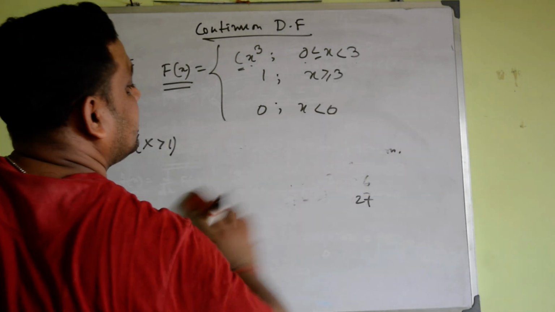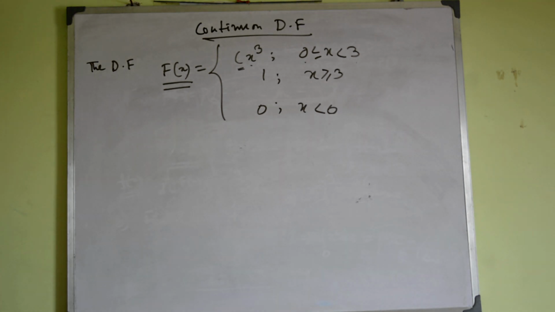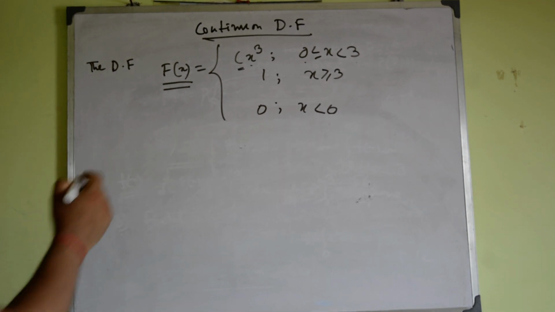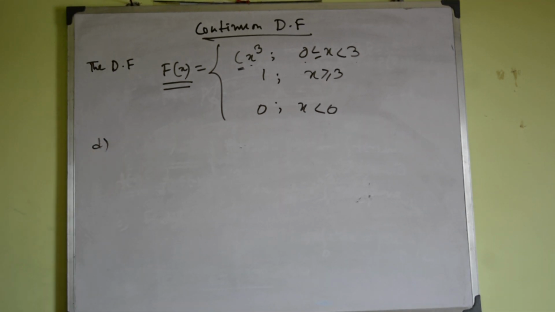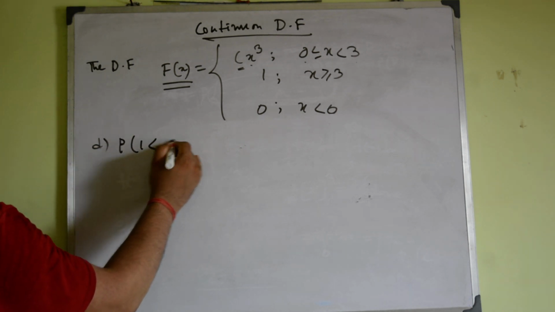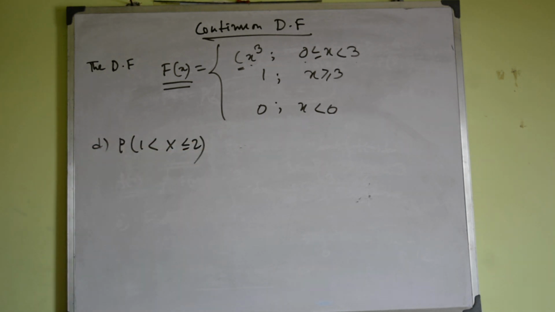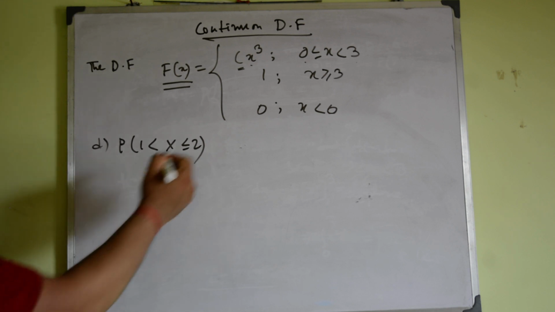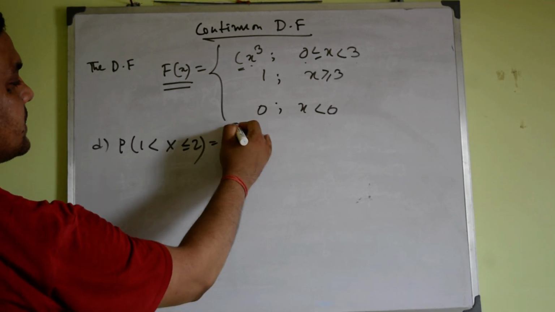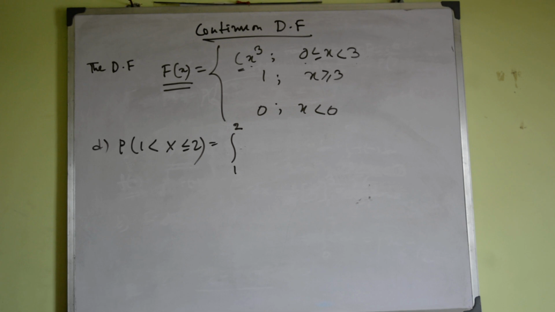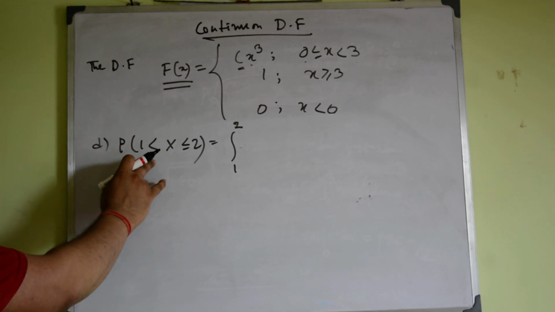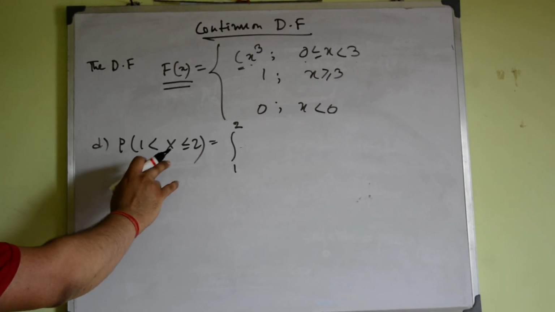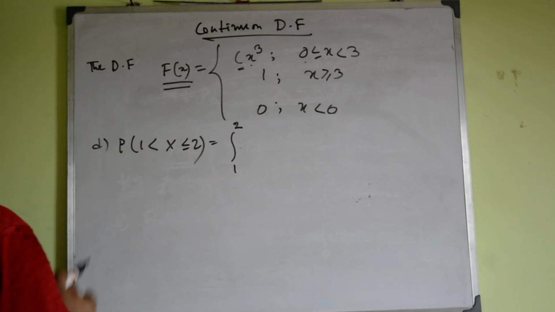So the next question is D, P of 1 less than x less than or equal to 2. How to do this? It's very simple. Just integrate it for continuous types of distribution. Integration from 1 to 2. In case of discrete, it takes only P of x equal to a value, but in place of that here it is 1 to 2.